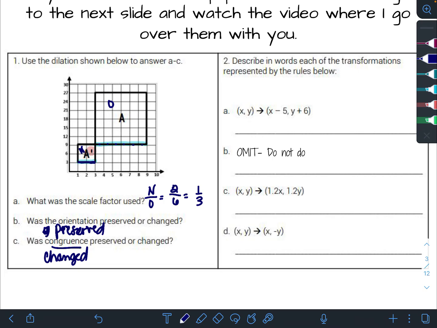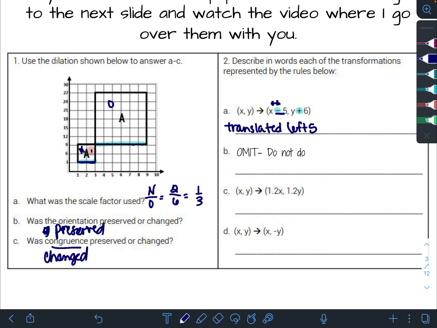Whenever I'm looking at this first one, remember, anytime I am adding or subtracting from my x and y, that was a translation. So I know that this translated; remember, it slides. Since I'm taking 5 away from my x, and x means left or right, I know it translated left 5.